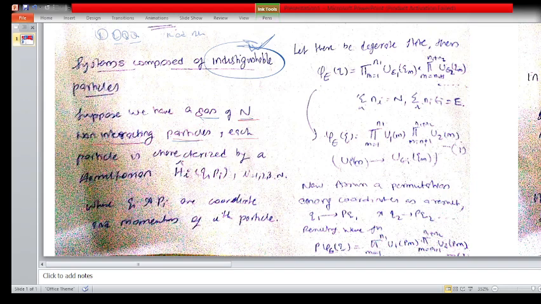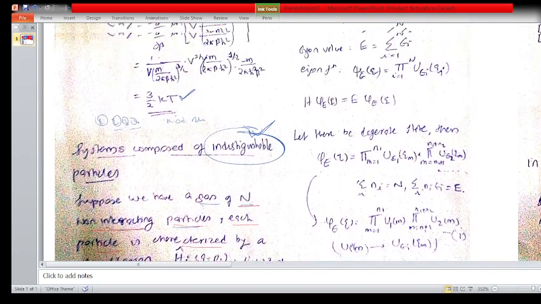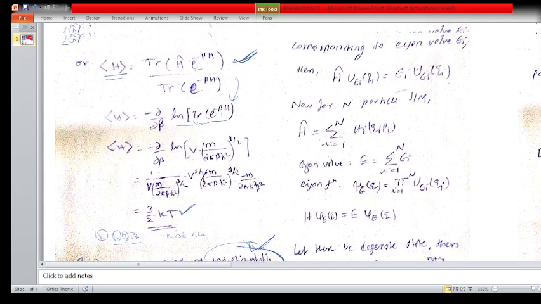Each particle will be characterized by a Hamiltonian H_i of (q_i, p_i), where i equals 1, 2, 3 up to N. So the Hamiltonian of each single particle is H_i of (q_i, p_i), where q_i and p_i are the spatial coordinate and momentum of the ith particle, which we already know from phase space.